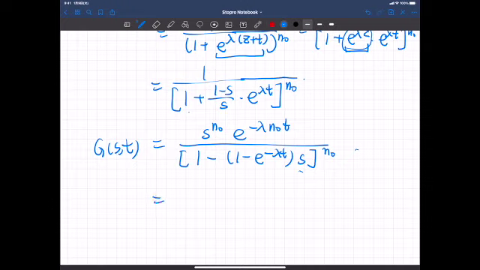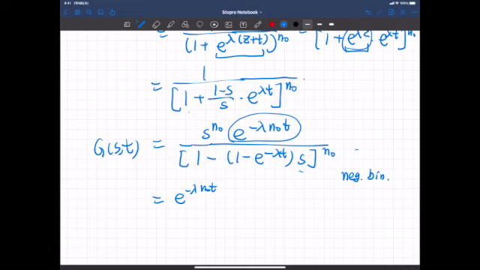I think you can use the negative binomial theorem. So the numerator doesn't contain any s, oh, it does. Okay, so this part doesn't contain any s, so we just leave it alone.